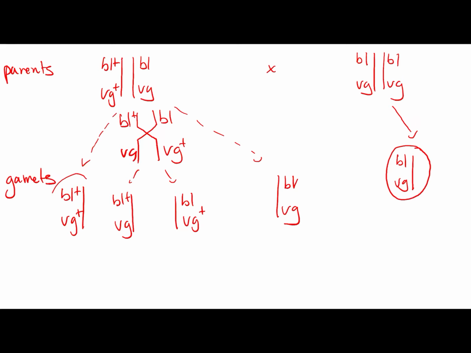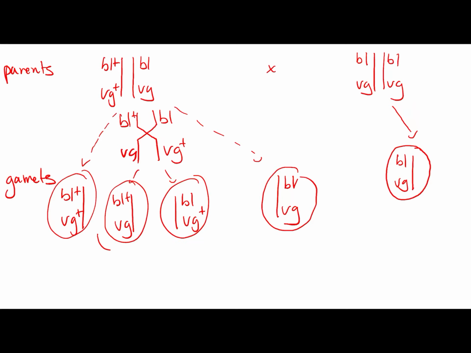Okay, so this one, you've got 4 different gametes being produced, and we'll put them in circles, but you'll get far fewer of these because these have been formed through crossing over.